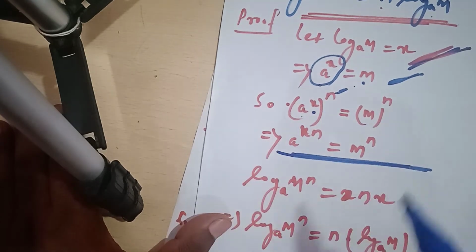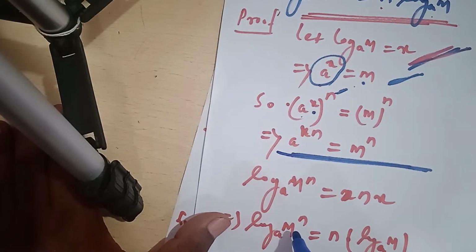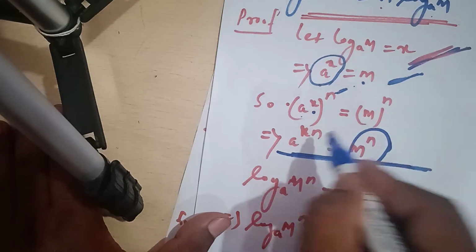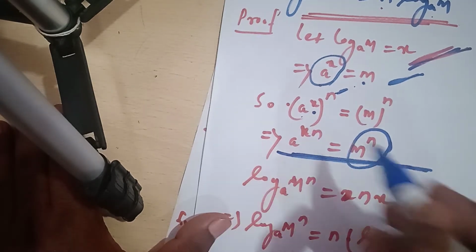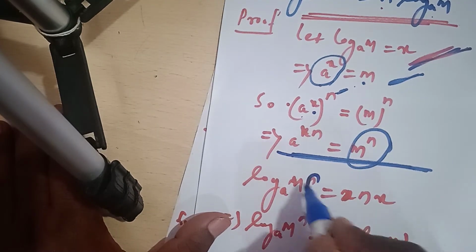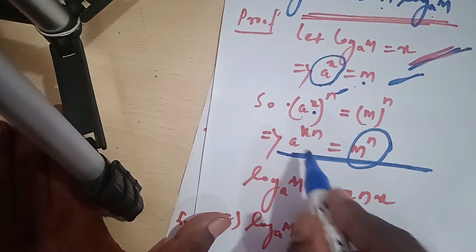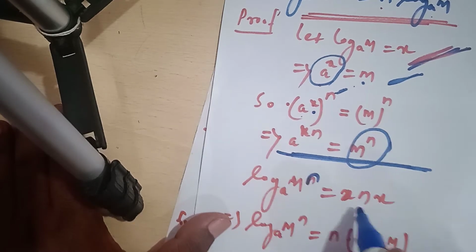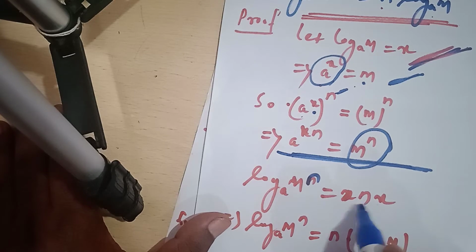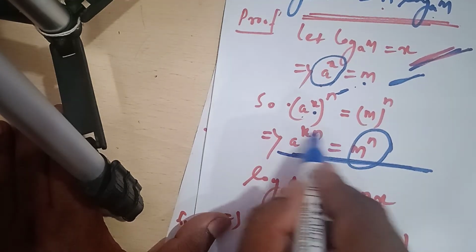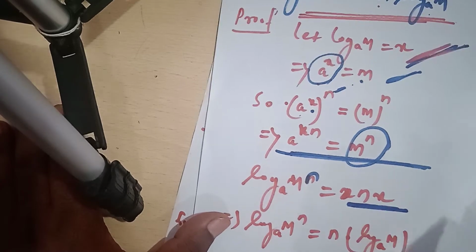This is the exponential form. In the case of logarithmic form, this is the number, this is the power, this is the base. So log m to the power n, this is your number, to the base a is equal to xn, or nx, the same thing.